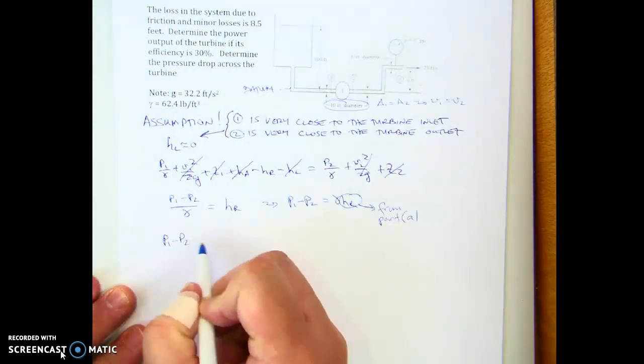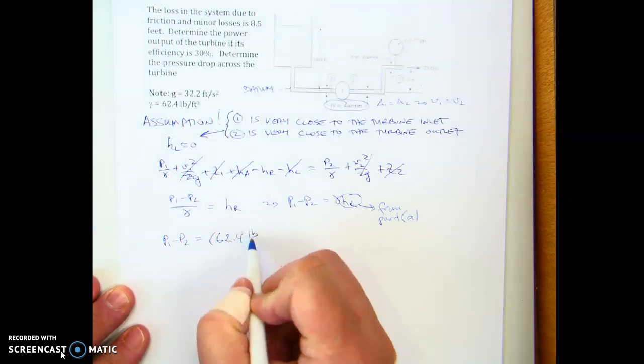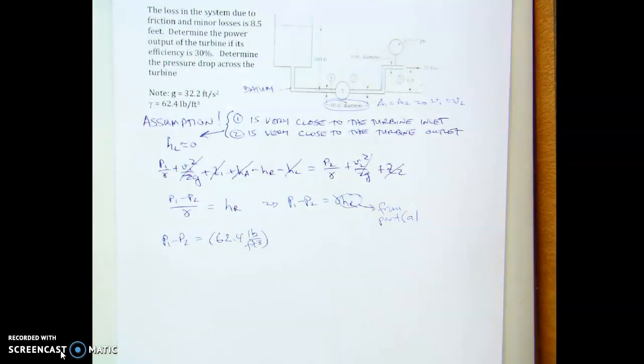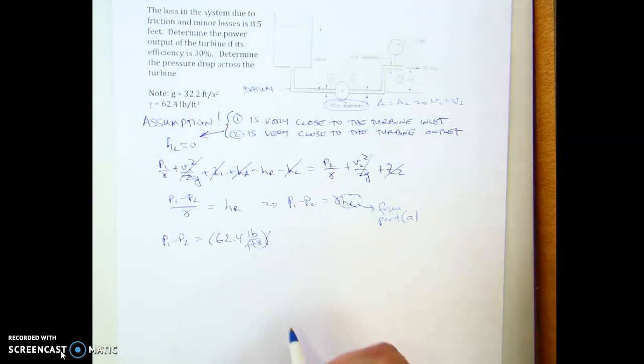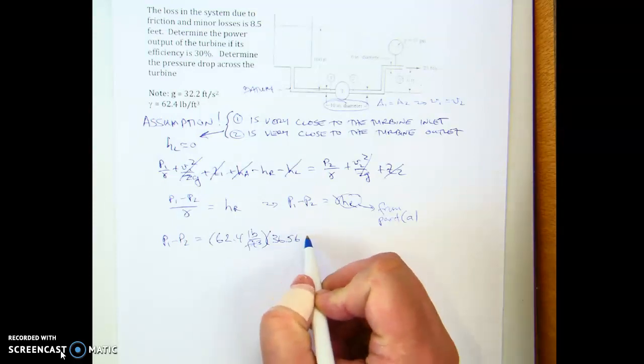P1 minus P2 is equal to gamma, which is 62.4 pounds per cubic foot. Recall that we said that is the imperial equivalent of 9810, and our HR from part A was 36.56 feet.